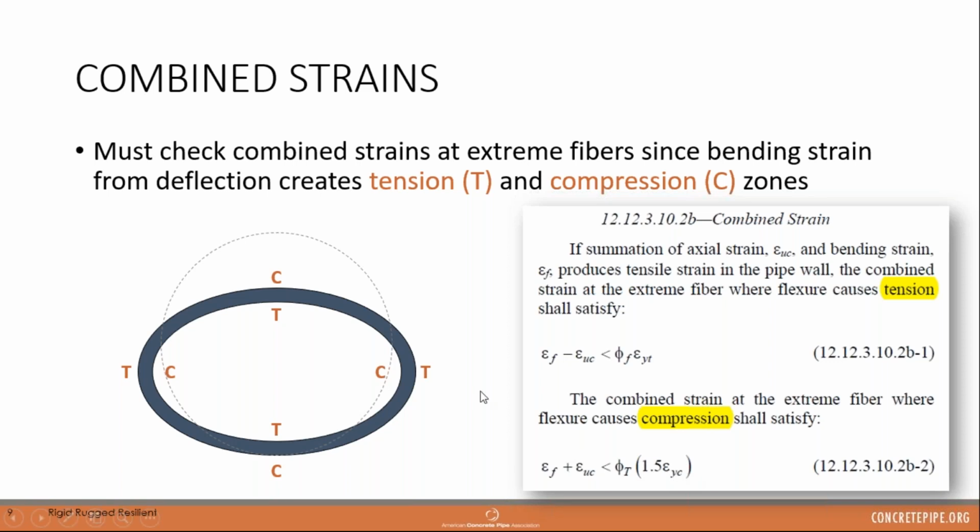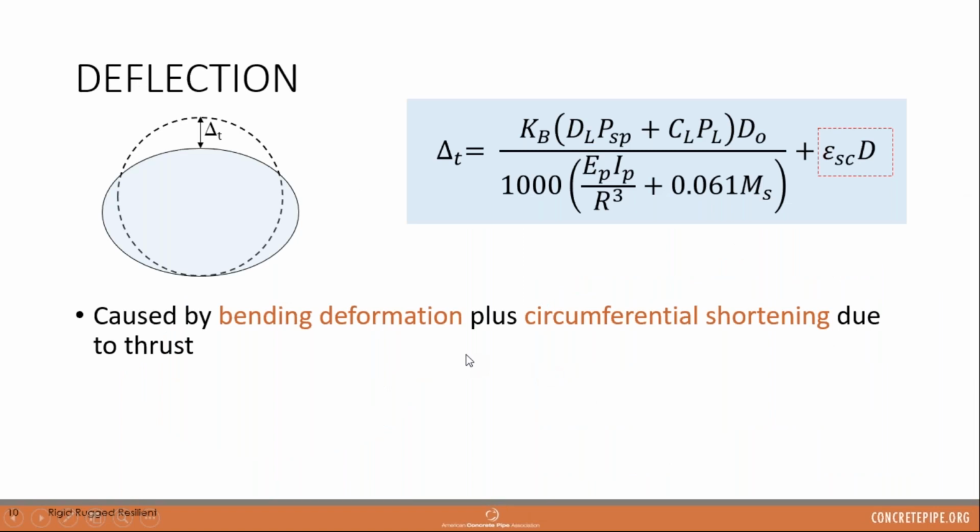Now, to back up a bit, in order to get these flexural strains, what we need to do is calculate our estimated deflection. We need to estimate how much flexure we're going to have, and that's caused by bending deformation.